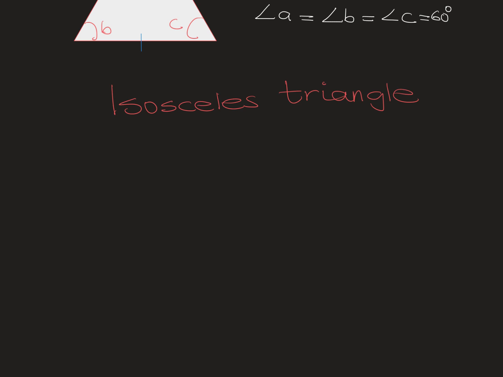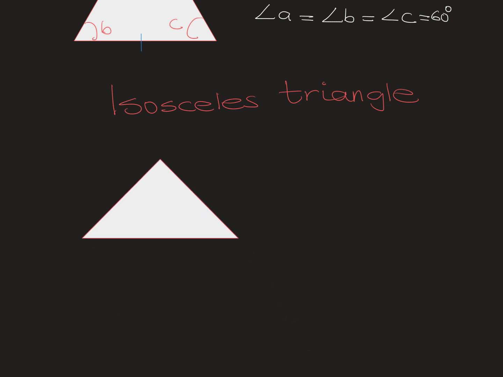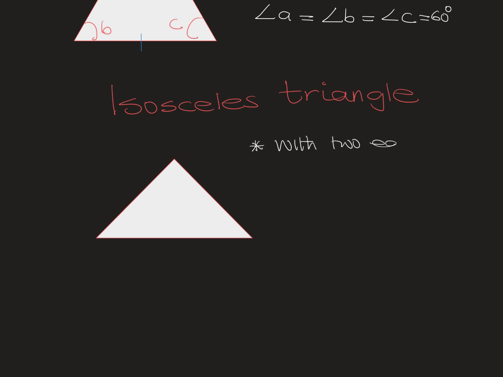Okay, so what is an isosceles triangle? This is how an isosceles triangle looks like. It has two of its sides equal. So an isosceles triangle is a triangle with two equal sides and also with two equal angles.